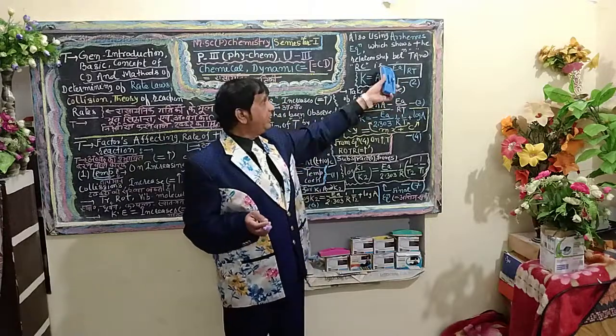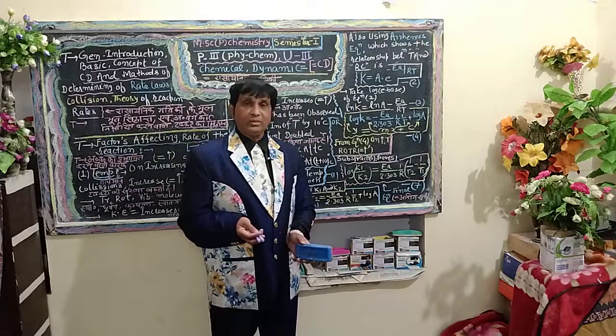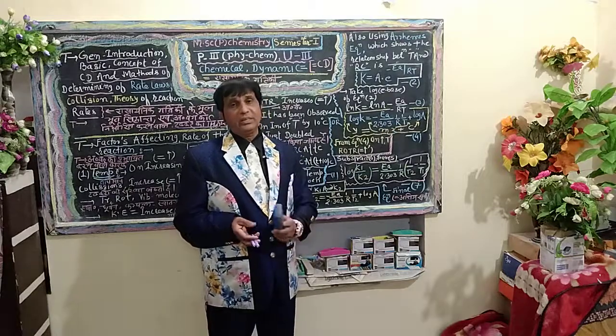In equation number 2, E denotes the energy of activation, K the velocity constant, T the temperature, and R the gas constant.